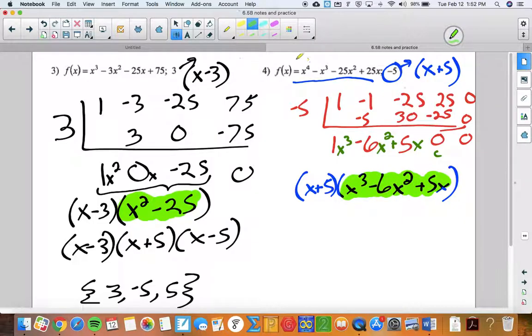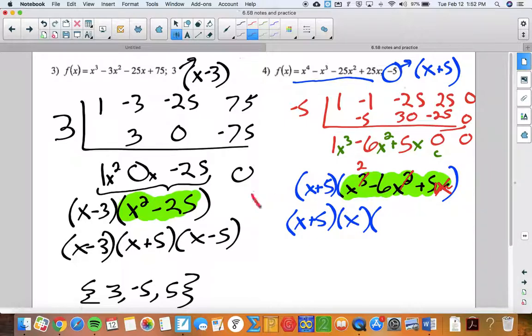Notice, always look for a GCF. All of those terms have an x in it. So out of that green highlighted polynomial, I can factor an x out. And then I'm left with, if you just lower these degrees by 1, an x squared, an x, and this one's gone. Don't x out the x. It looks like just a big x. So we're looking for numbers that multiply to positive 5 and add to negative 6.